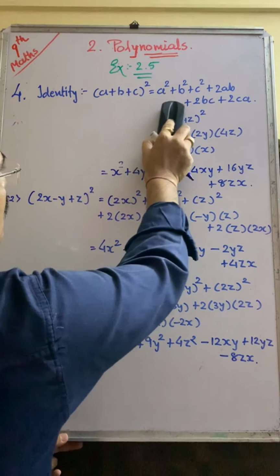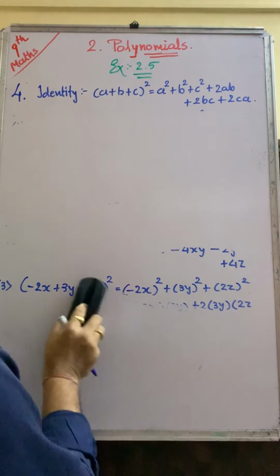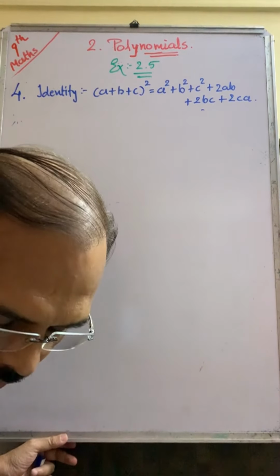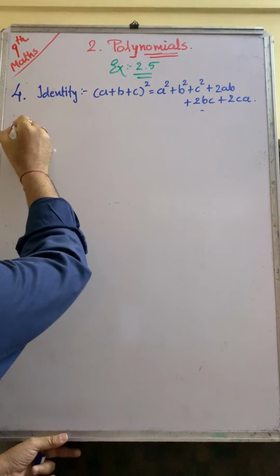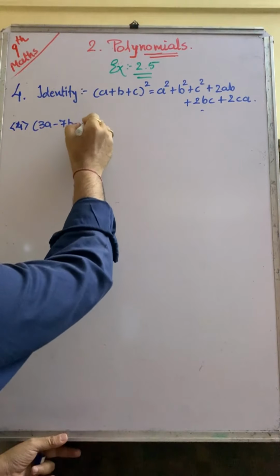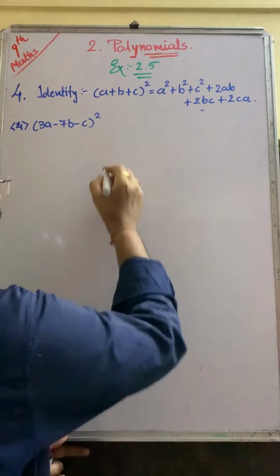Now question number 4. 3a minus 7b minus c the whole square. Again, same way, same style, same formula.